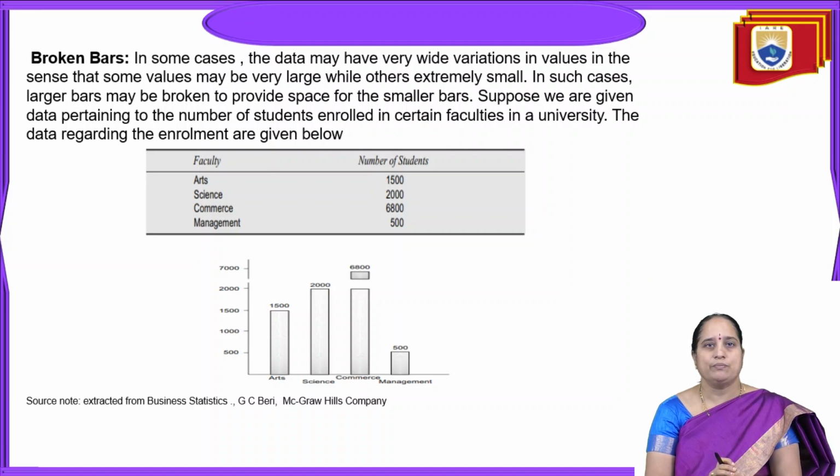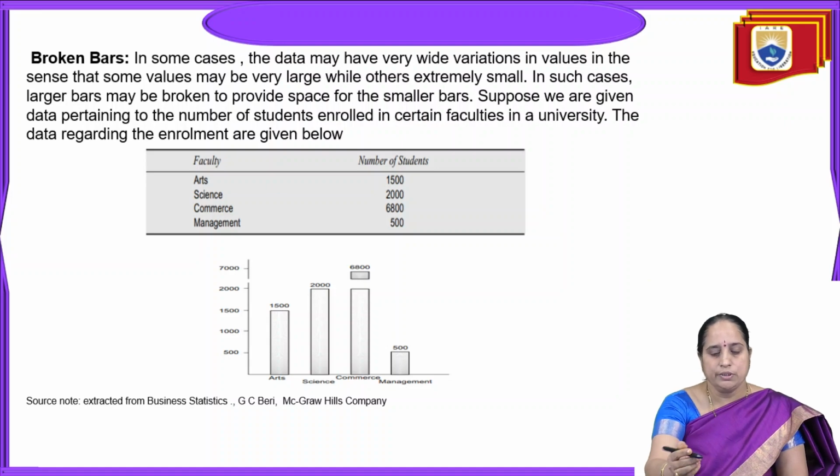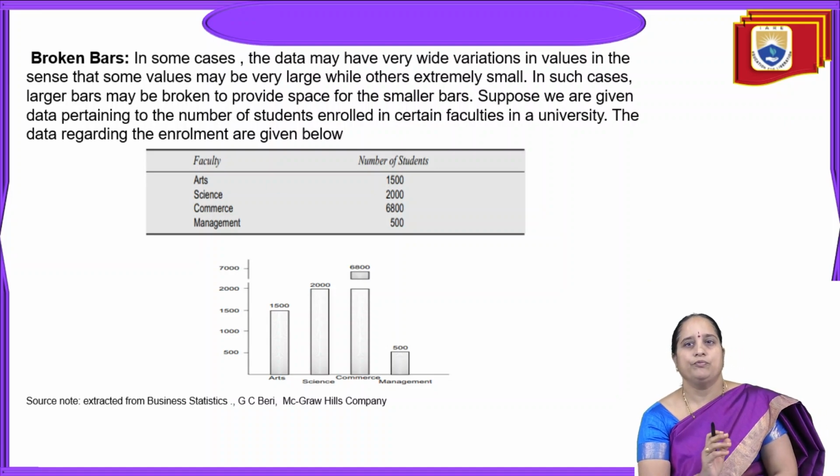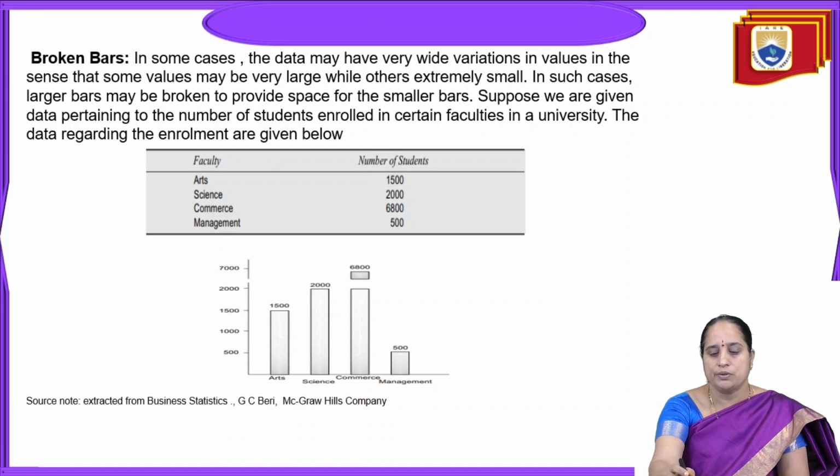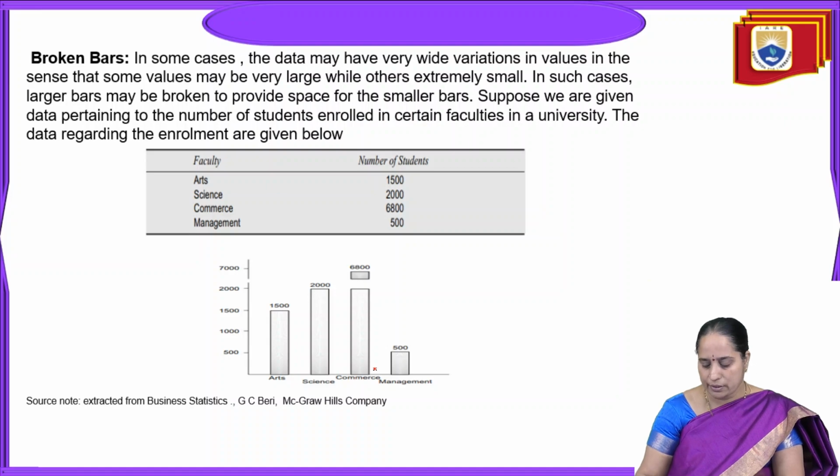Suppose we are given data relating to the number of students enrolled in certain faculties in a university. The data regarding the enrollment are given below. Here we have arts 1500 students enrolled, science 2000 students enrolled, commerce 6800, management 500. All these we are going to project in terms of a broken bar.